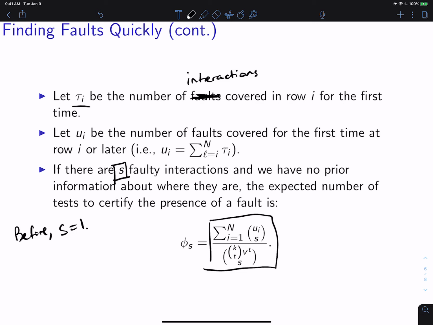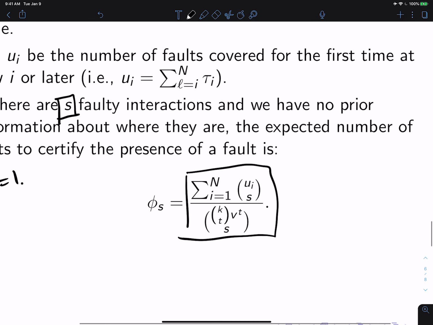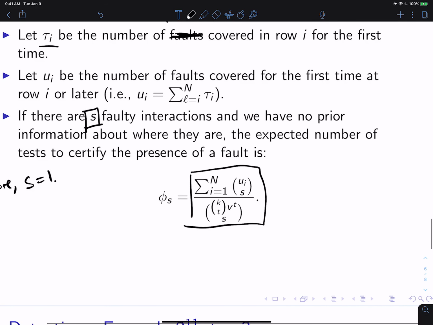So let tau of I be the number of interactions covered in row I for the first time, and U of I is just the number of interactions covered later, from row I down. If there are S faulty interactions and we don't know anything else about where they are, we can calculate the average number of rows that we need to consider before we can detect a fault being there.